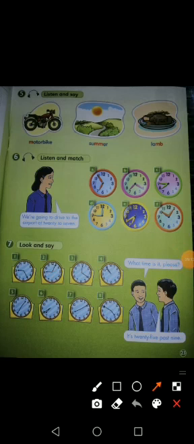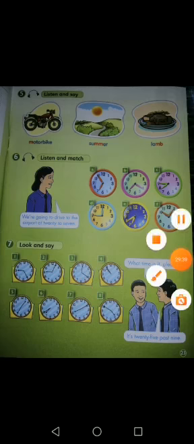What time is it, please? It is 20 past 12. Okay, 20 past 12. The hour hand is on number 12 and it is 20 past.